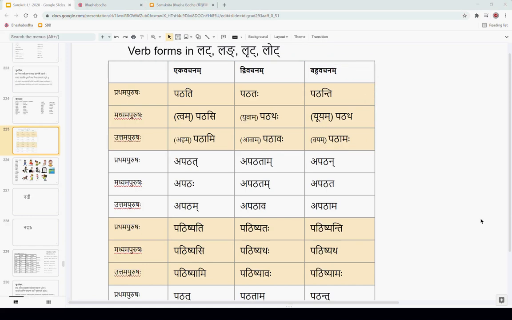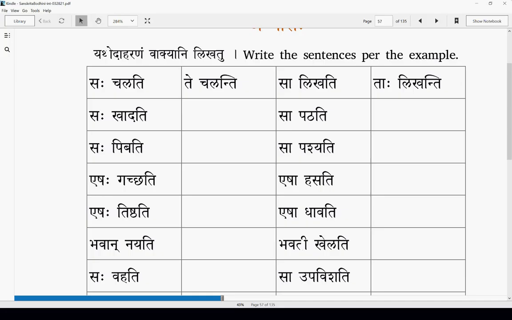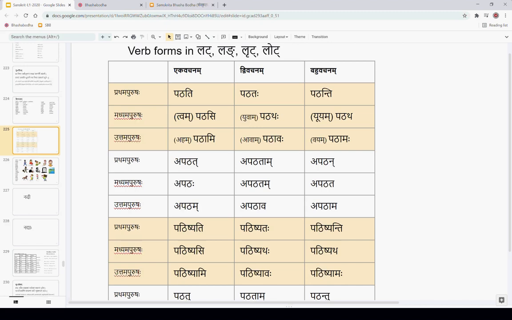The next one, which we will see, is not a Kala actually. It is called a mood in English, but we will just call it Lakara. So in one of the special classes we covered the Lakara. So the forms we saw here so far are Lat Lakara, which represents Vartamana Kala.